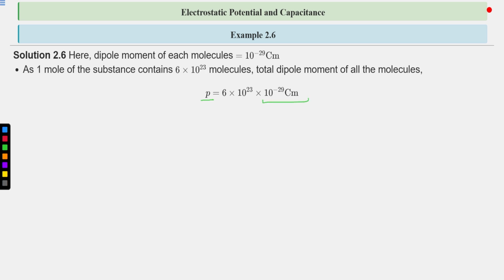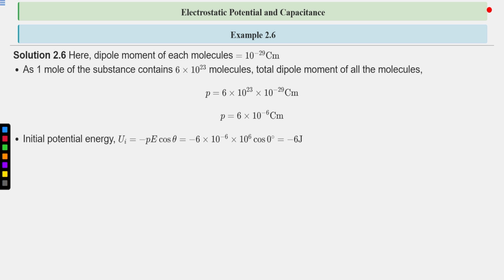This is the dipole moment of one molecule and this is the number of molecules in 1 mole, that is Avogadro's number. So the net dipole moment of all the molecules comes out to be 6 into 10 raised to the power minus 6 coulomb meter.